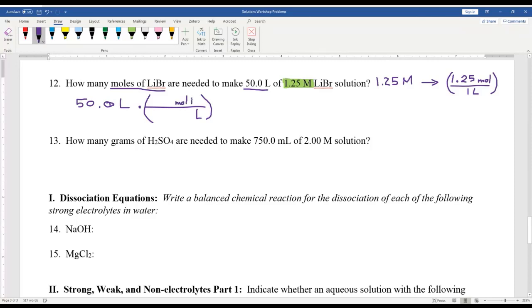So I can convert liters to moles of LiBr, and the reason I can do that is because I have that conversion factor, the molarity. So what goes in front of moles? What number? Yeah, 1.25, very good. 1.25 goes in front of moles. And what goes in front of liters? 1, very good. 1.25 moles per 1 liter.